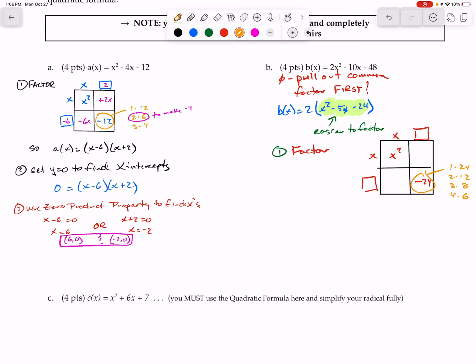To make negative 5, I'm going to choose 3 times 8 because they're 5 apart. Since it has to be negative 5, I'm going to make the 8 negative. So negative 8x and 3x equals negative 5x. So we're good.